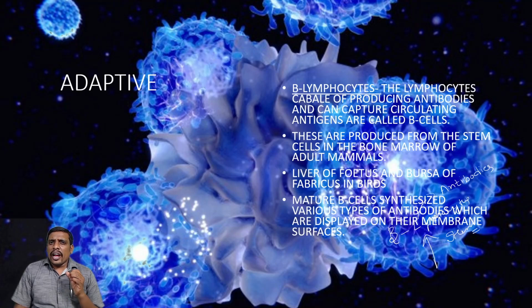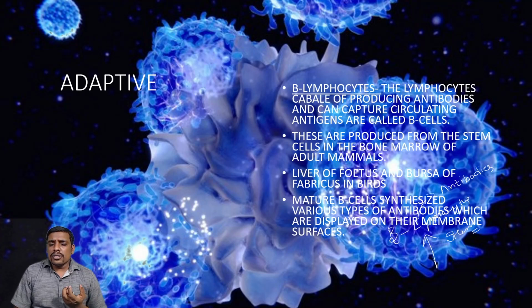At what time are they going to activate, and what are the various factors which influence the activation of these B cells? Let us see. When they are active, they are able to produce the antibodies.